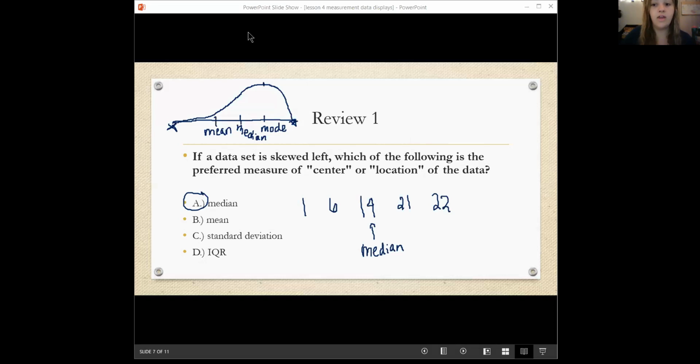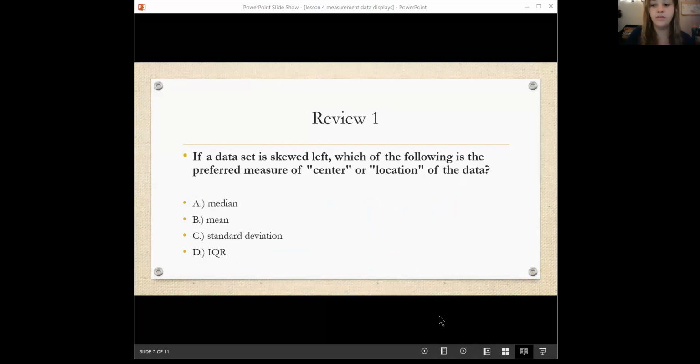If you wanted to change this 22 to 1,000, your median is still going to be 14 because you still have 5 numbers. They all stay in the same position, 14 is still the middle position, so it's going to be resistant. That's what we call it. All right, resistant. Sorry. All right, cool. So let's go over the next one.